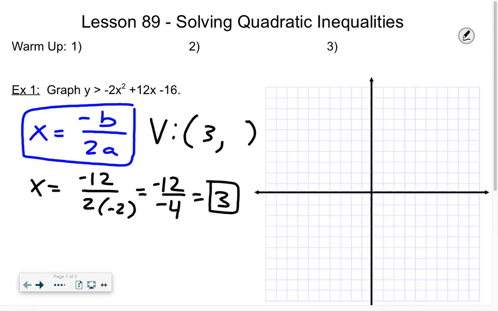So, 3 squared, 9. Negative 2 times 9 will get us negative 18. 12 times 3 will get us 36, minus 16. Negative 18 and 36 will get us what? Two.